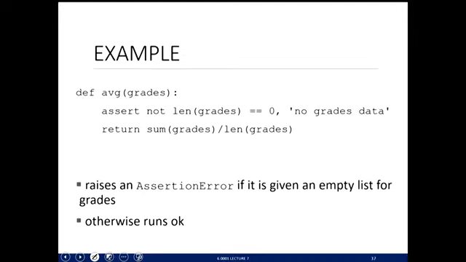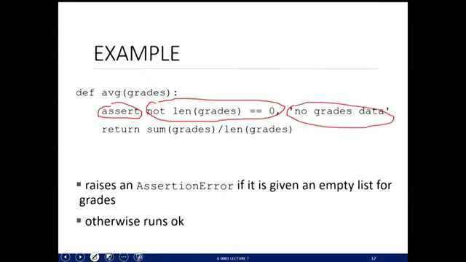Here's an example. This is the same average function we've seen before. Here, instead of using exceptions, we're going to use an assert statement. The assert statement we're putting right at the beginning of the function. The keyword is assert. The next part of the assert is what the function expects. We expect that the length of grades is not equal to 0, so it has to be greater than 0.